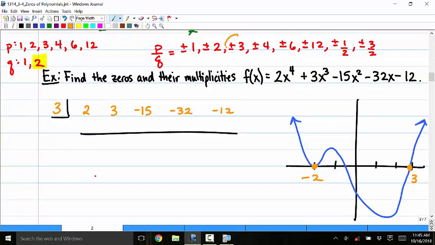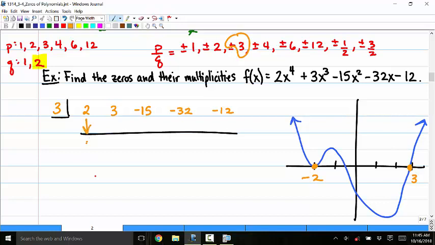So I'm using positive 3, which is in my list of possible rational zeros. I am now by hand verifying that 3 is indeed a 0. You can verify it by looking at your calculator. I'm old, I don't have a calculator. I want to verify by hand that yes, 3 is a 0.